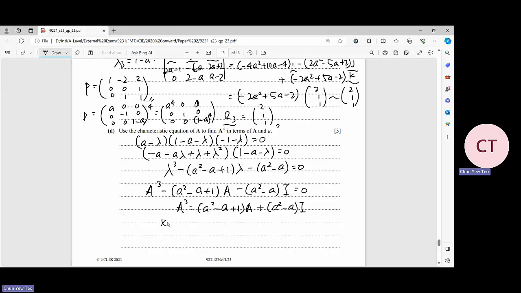And you multiply by A, you get A power 4 equal to this, A squared plus A. Done. That will be the answer for this question D. And that will be the last part for this paper. So I stop the video here.